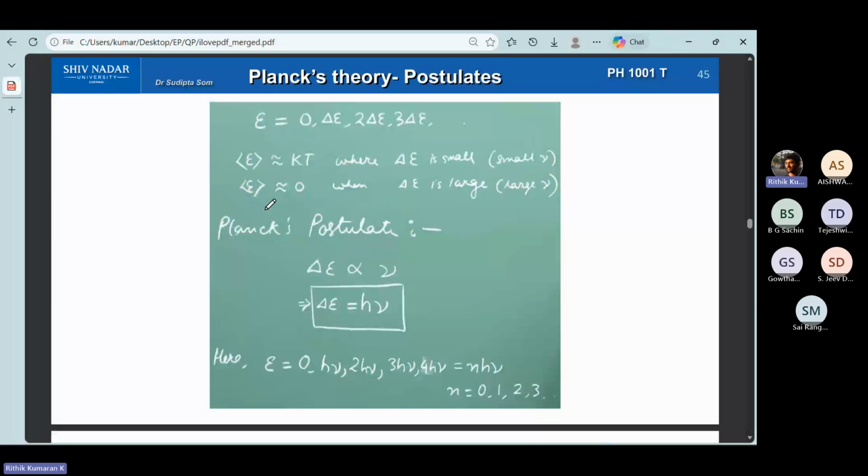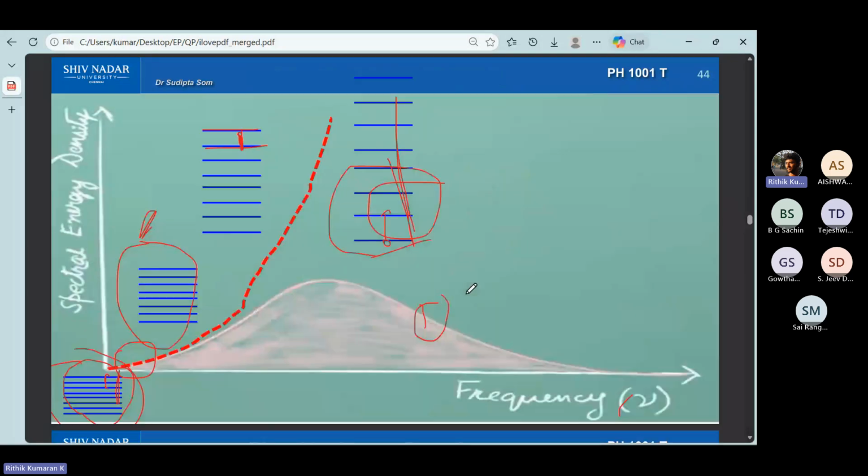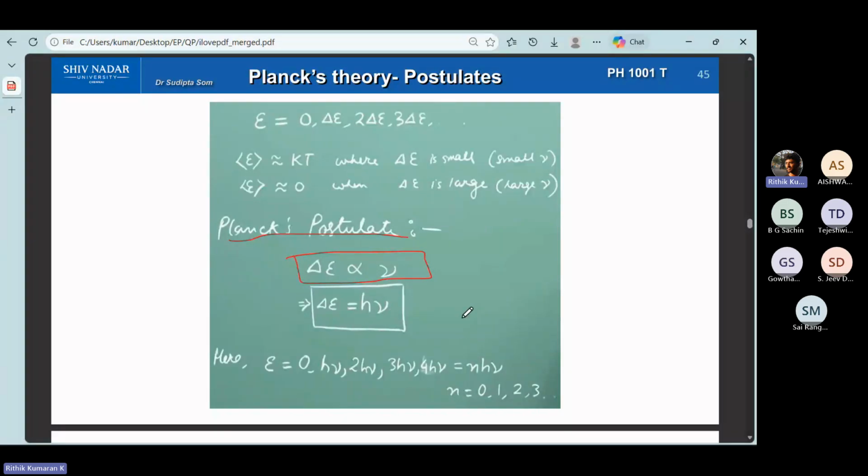Next, this postulate I said, now everything has a defined level of energy. So what Planck states, the first postulate states that the energy is proportional to the frequency. As you can see, the lower frequency has a lower energy, and a higher frequency has a higher energy. So this is the first postulate. The second postulate is you would add an n term in front of this.